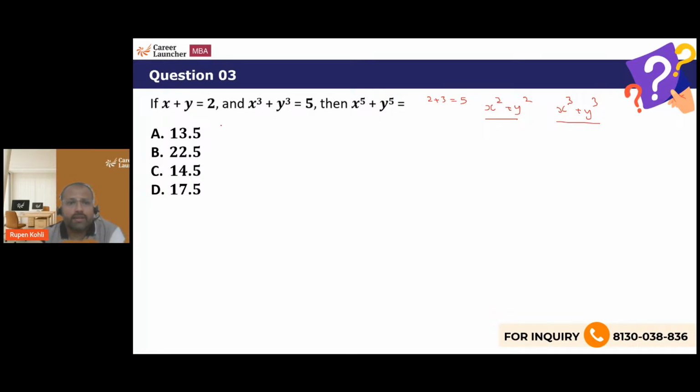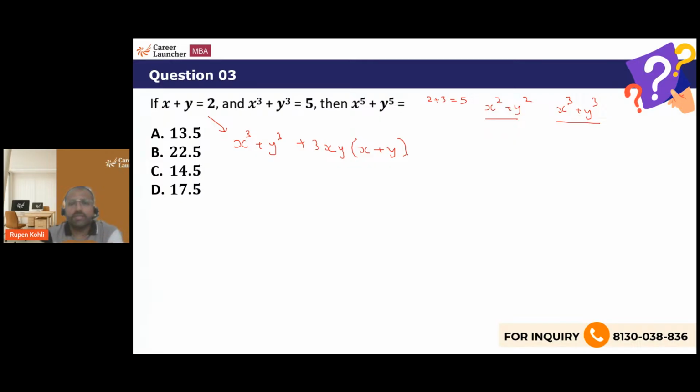That's the logic. So just break the power into smaller parts which we can find. So step one, some manipulation is required. Let's first of all cube this equation, right? Simply because I know that if I cube this equation of x plus y, I'll have this with me. So x plus y whole cube, we all know the expansion is x cube plus y cube plus 3xy times x plus y, right?